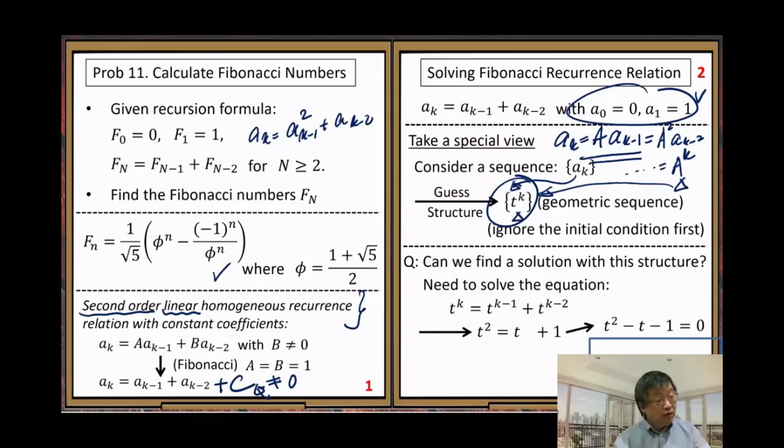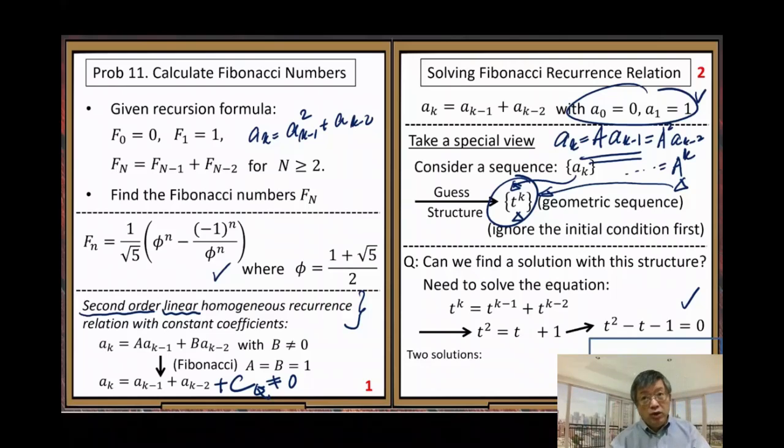We can also simplify to this form. Looks familiar, right? We solved this equation before, quadratic equation, right? Golden ratio, we know the solution. Actually, we know there are two solutions.